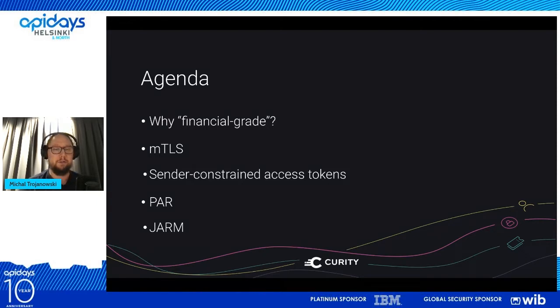But I would like to focus on a few things today and show you a few features that you can use in any APIs to make your security a bit better. These are things like MTLS and sender-constrained access tokens, and then some features around auth flows, mainly PAR and JARM.